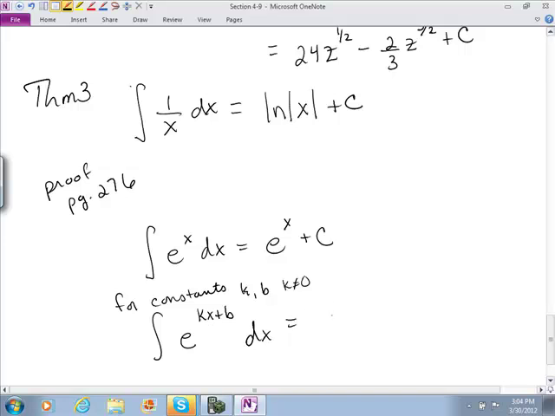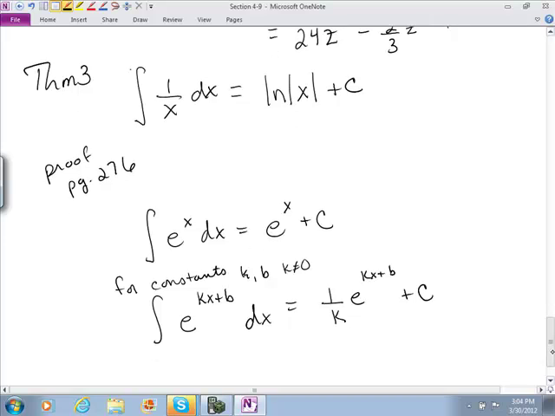Well, that is just going to be 1 over k e to the kx plus b plus c. And you can probably see why, because if you take the derivative of this 1 over k e to the kx plus b, it'll just be e to the kx plus b times the derivative of kx plus b, which is k. So you have to get rid of that, so that's why you have the 1 over k there.